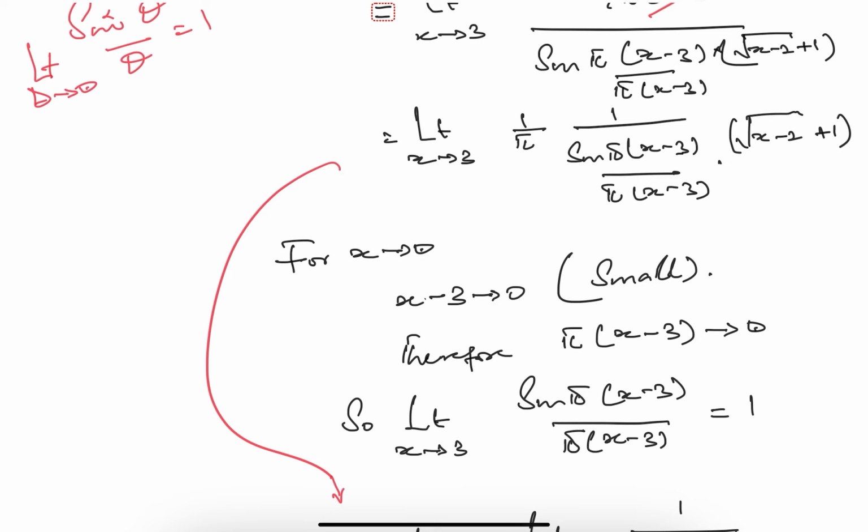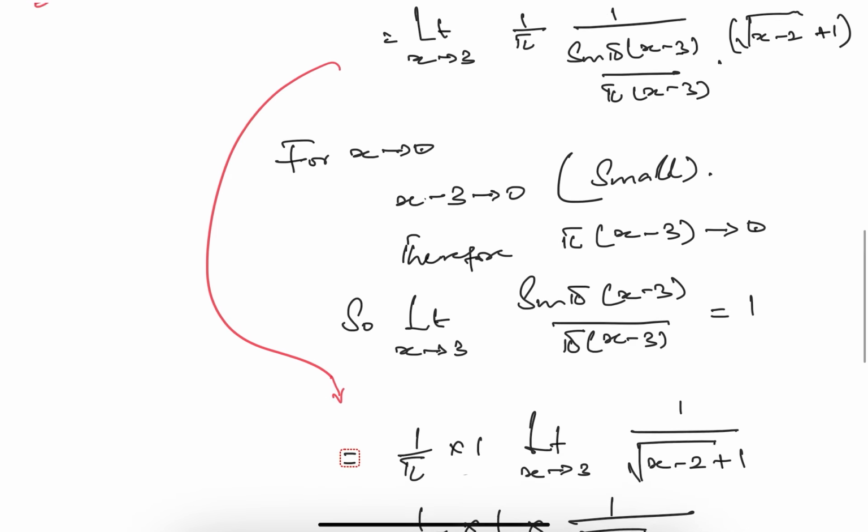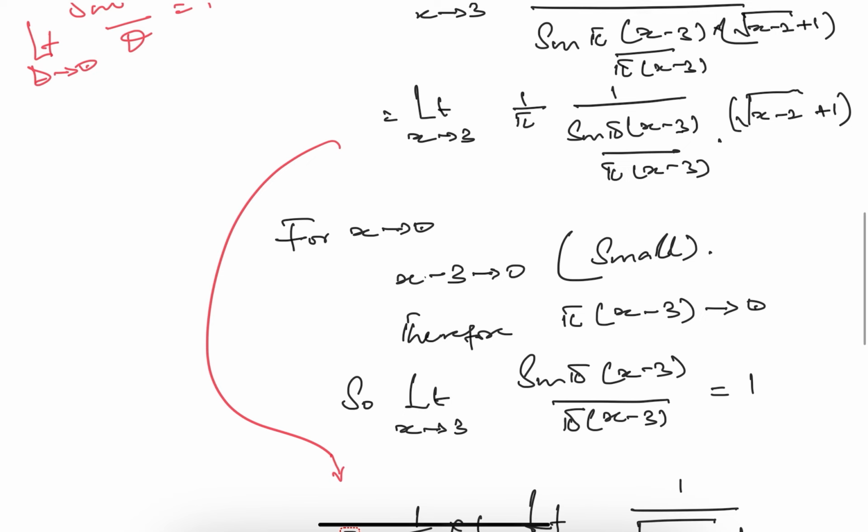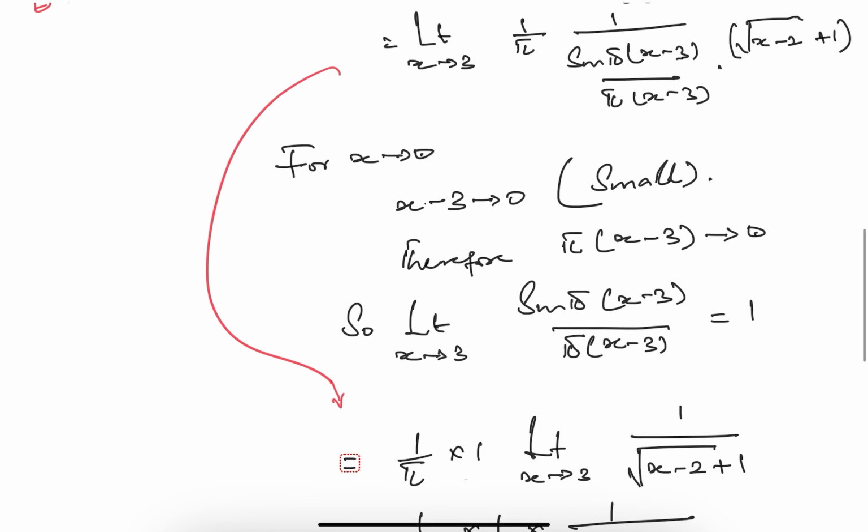Of course, as x tends to 3, pi times (x minus 3) tends to 0, a very small angle. So we know the limit as x tends to 3 of sine of pi times (x minus 3) over pi times (x minus 3) is 1.